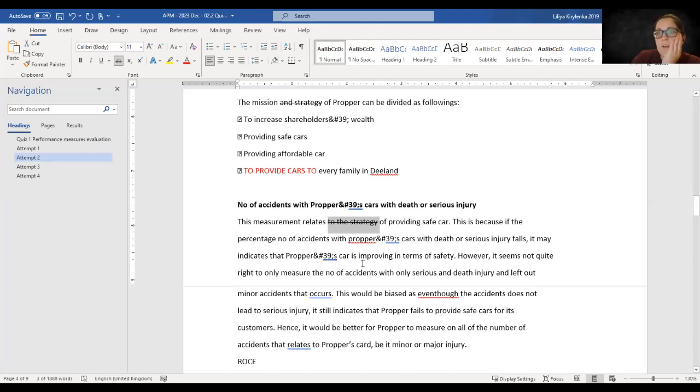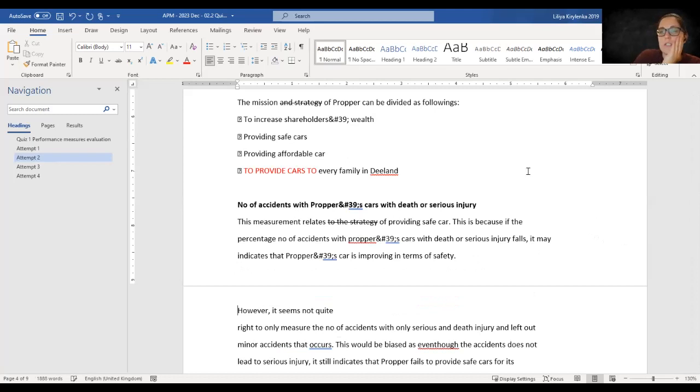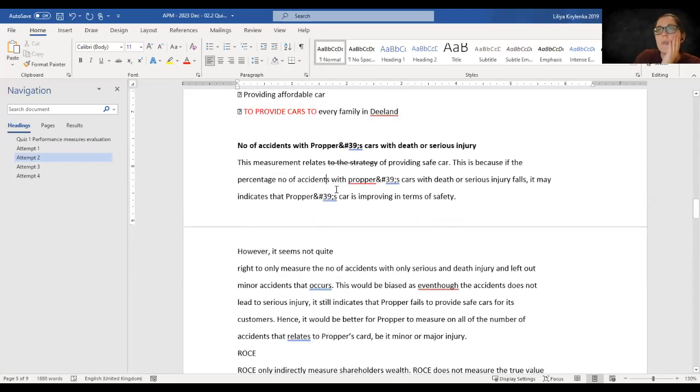This is because of the percentage of number of accidents with Proper cars with deaths or serious injury falls. It may indicate that Proper car is improving in terms of safety. Okay, that is not an explanation. Let me show you what is not very good with this type of answer.